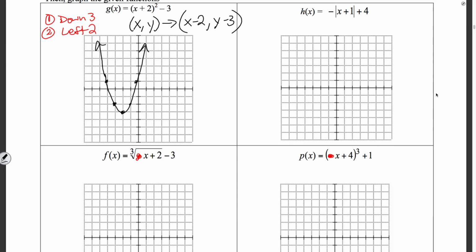On p of x, you guys name the transformations and give me the points, and you two can graph all of them. They're my graphers. When they're ready, h of x, you guys will come up and describe the transformation.